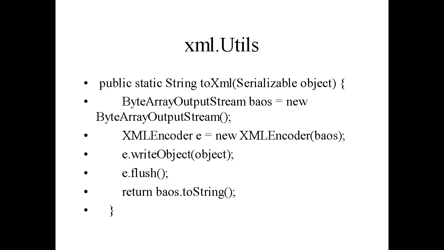So I created this helper class called XMLUtils, and what it does is it has a mechanism for taking an instance of an object and converting it to a string consisting of XML.